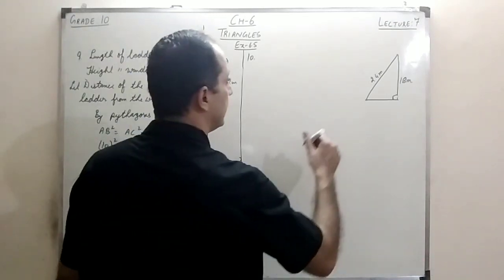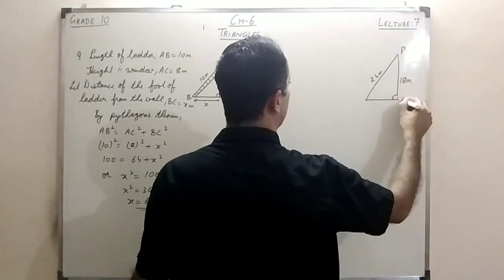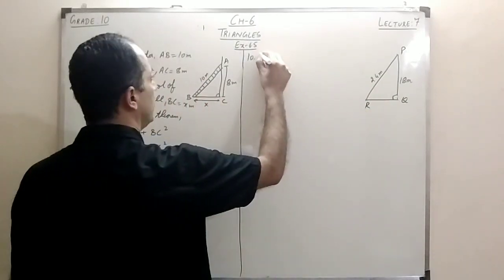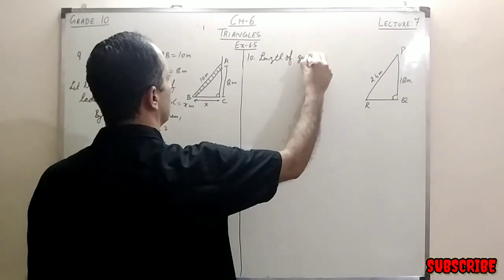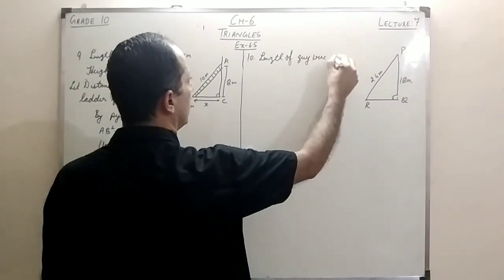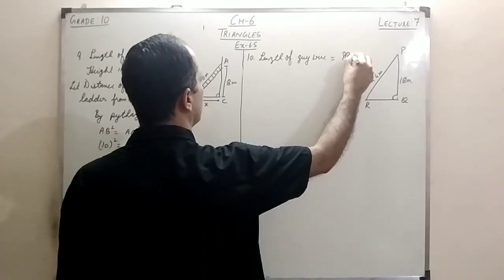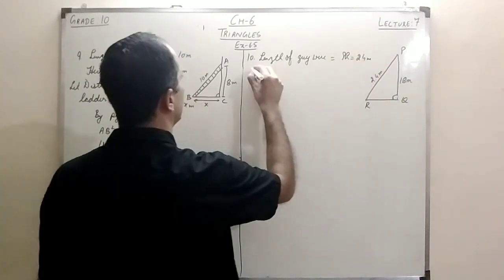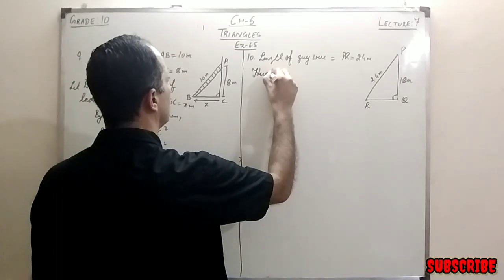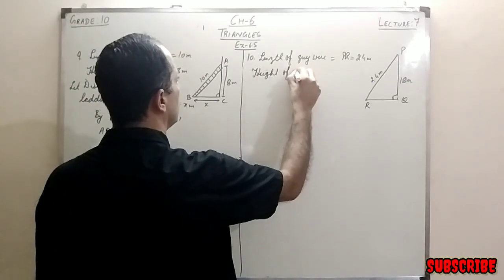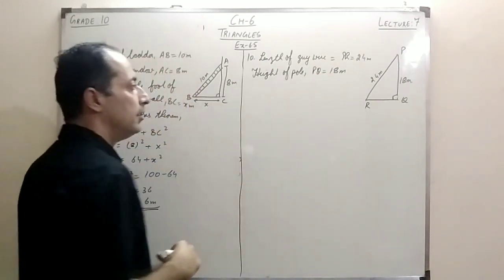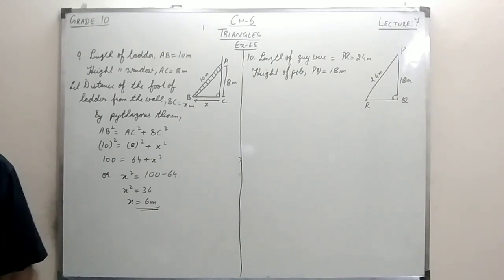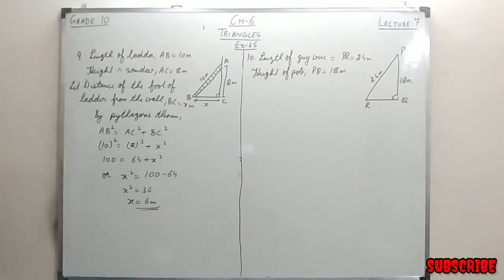So again we name the triangle, and this time we take it as PQR. Now the length of the guy wire, that is PR, equals 24 meter, and the height of the pole, PQ, is equal to 18 meters. Now we have to find how far from the base of the pole the stake should be driven so that the wire will be taut.